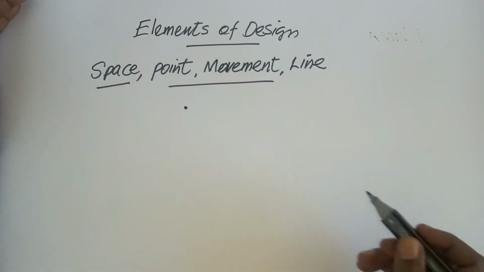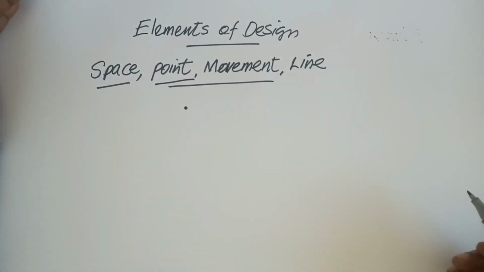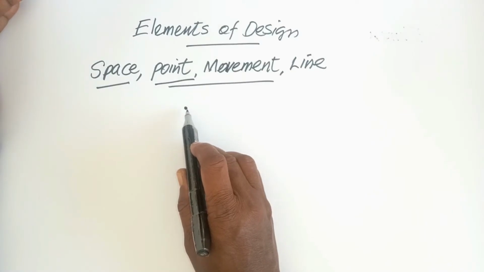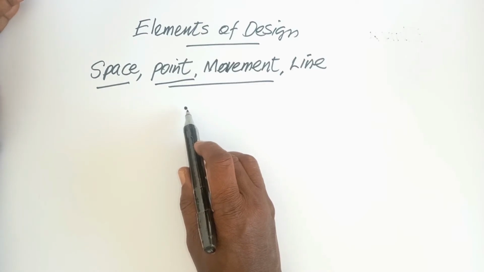That point is the second element of design, because it's the starting area of your drawing. As far as you drop your pen, a point will come out, and that is the beginning of drawing. So you see, we cannot do any drawing without having a point.